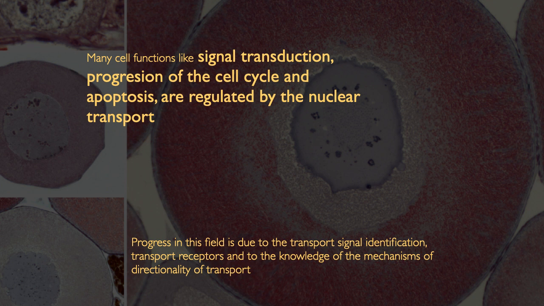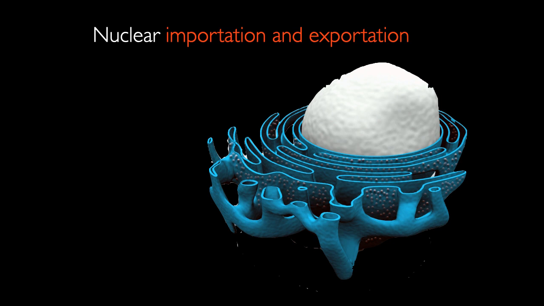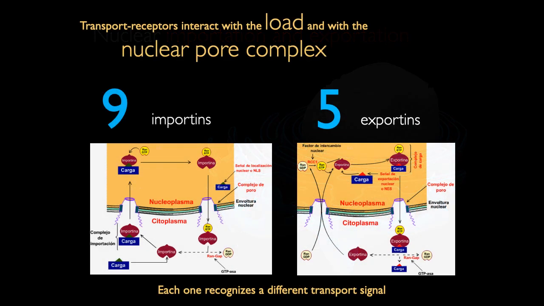So this means that ultimately the pore complex is controlling all those processes. So it is very important. Let's see how this transport happens. Okay, so trade across the nuclear envelope is a complex process, but we will see here just the fundamentals involved, because it's very complex.